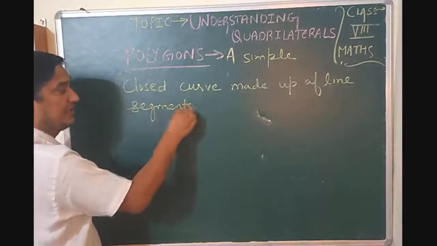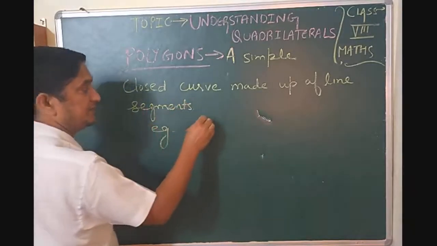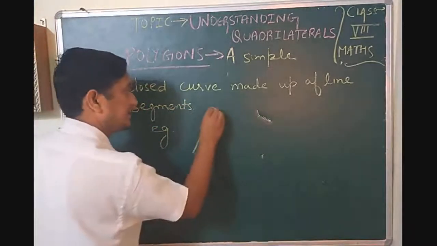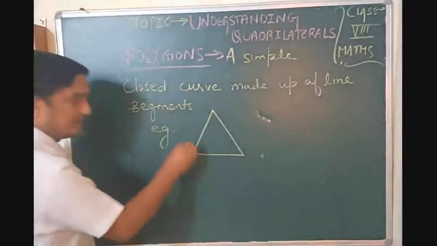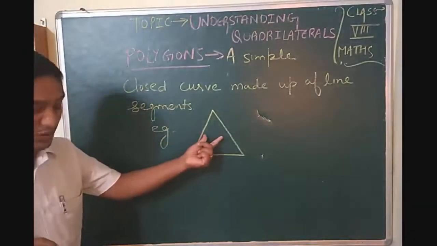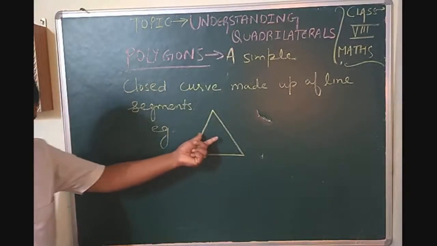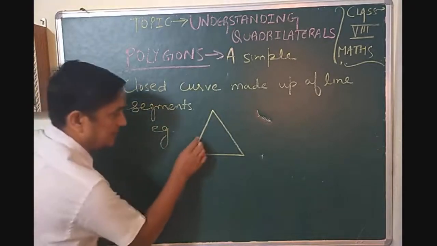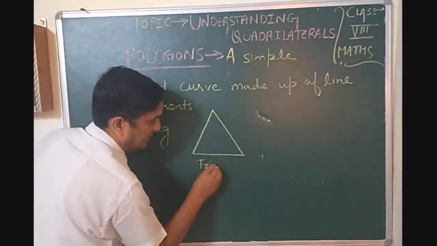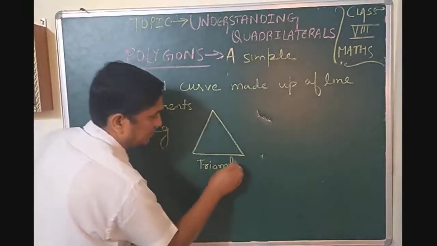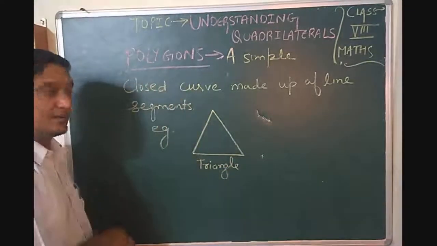For example, this is a closed figure, and its name is triangle. So triangle is also a polygon.